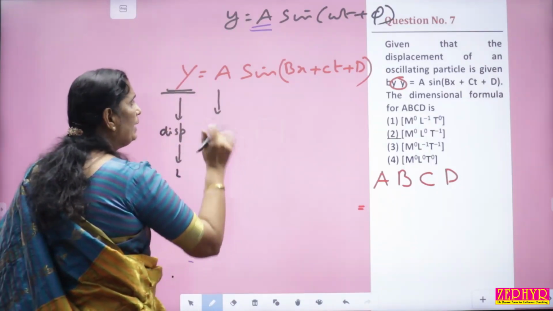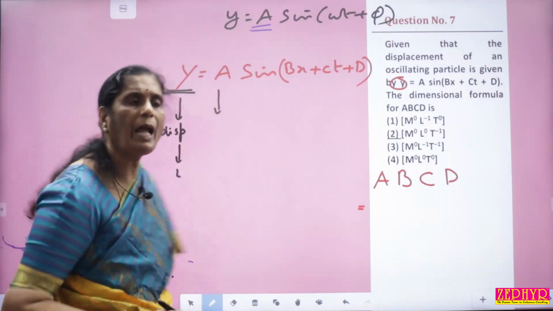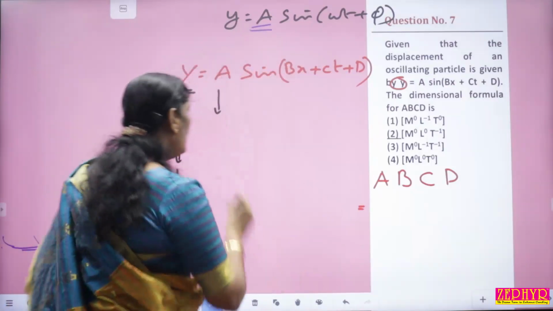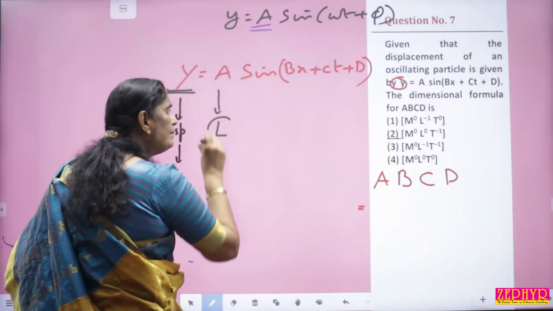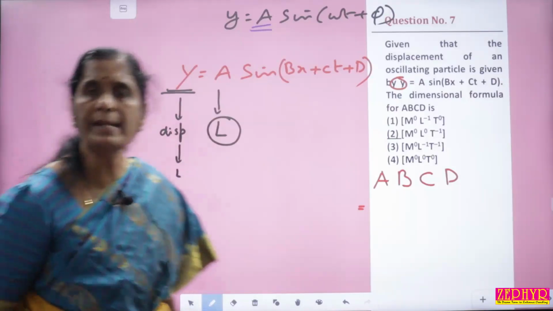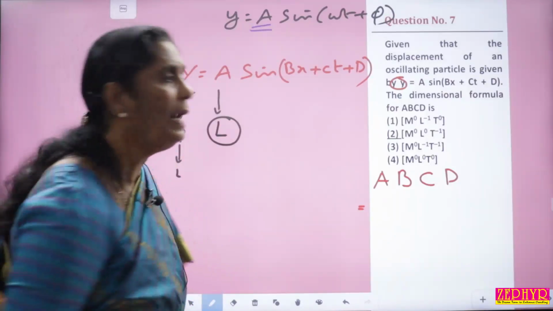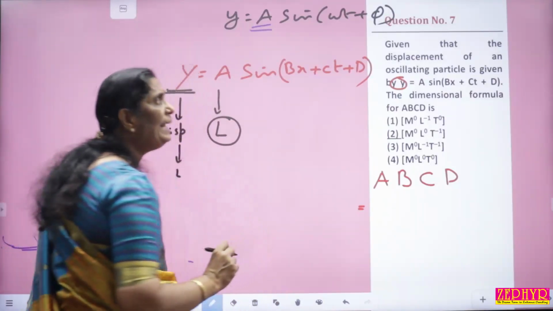Amplitude. So for amplitude, what is the dimension? L only. So for A, it is L. Next, we have to find out B, C, D.